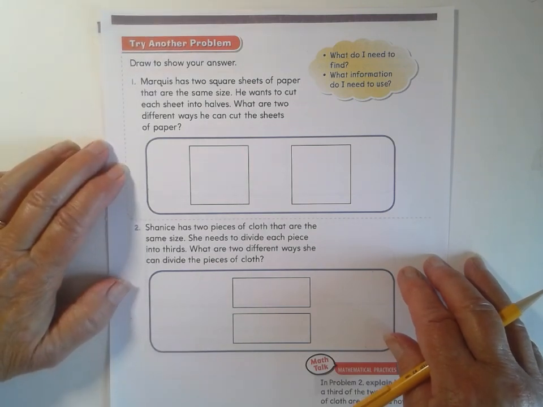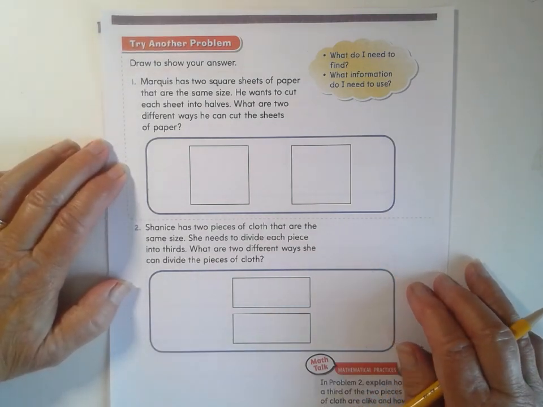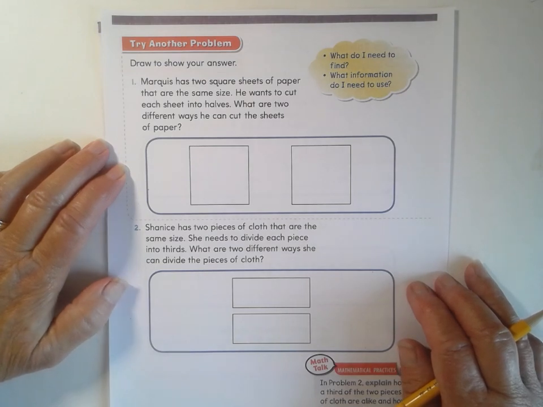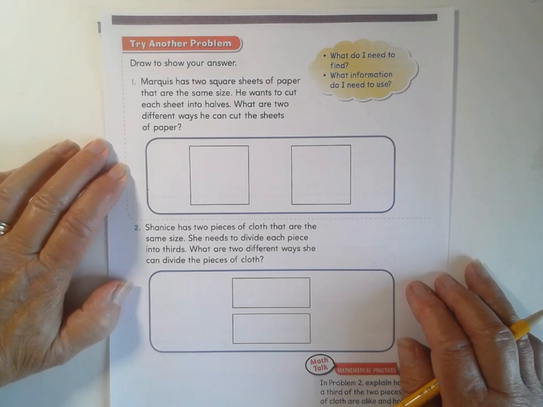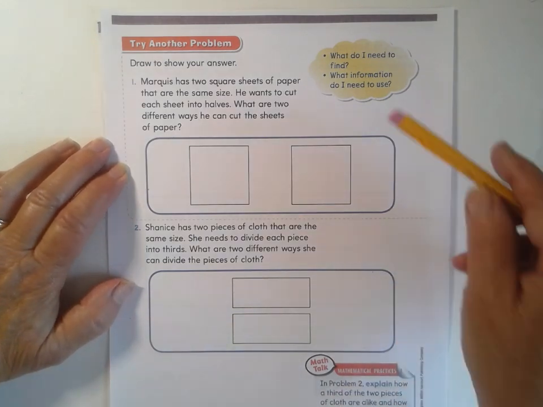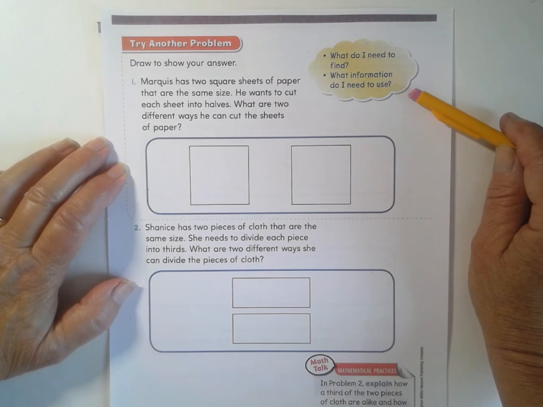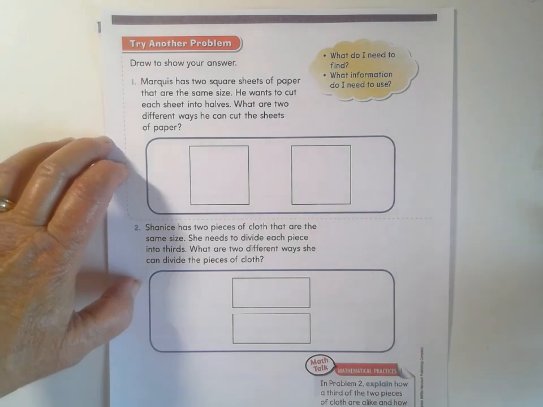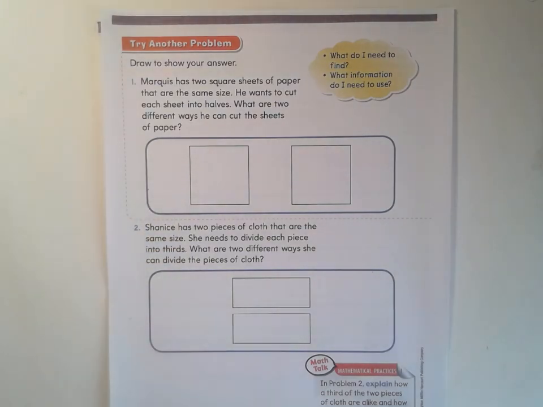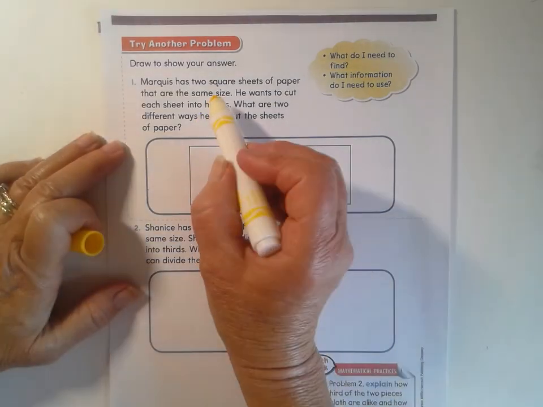Marquis has two square sheets of paper that are the same size. He wants to cut each sheet into halves. What are two different ways he can cut the sheets of paper? We've got a little bubble over here, some things they want us to think about. What do I need to find, and what information do I need to use? Well, I need to use the fact that they're telling us that each sheet is divided into halves.